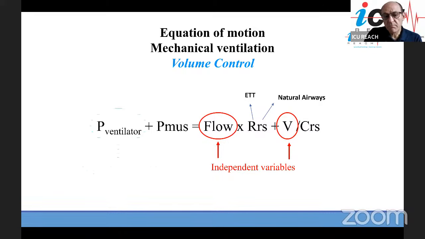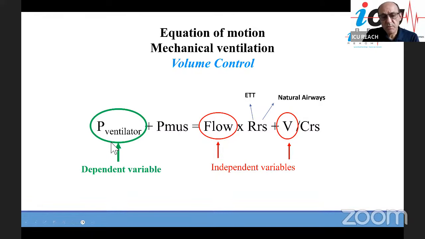And the pressure on the ventilator will be the dependent variable, meaning that the pressure will depend on, number one, the airway resistance, and number two, the lung and chest wall compliance. The pressure will be variable. However, the flow and volume will be fixed. So that's why we call those independent variables, and this one the dependent variable.